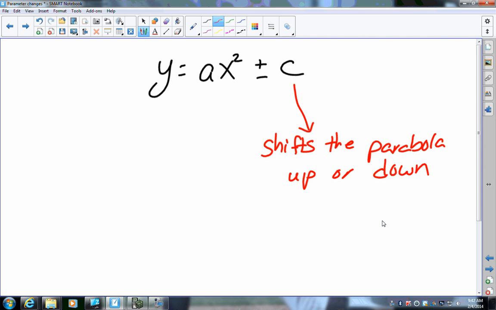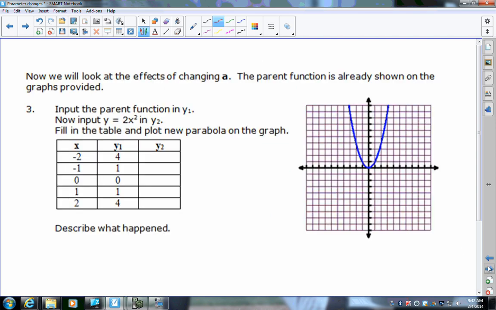Once you have that written down, turn your paper over to the back. And now, as you're waiting on me, go to the calculator and put your equation into y2 that they've given you on the next one. So as I look here, this time it says now we'll be looking at the effects of changing a. The parent function is already shown in the graph provided.